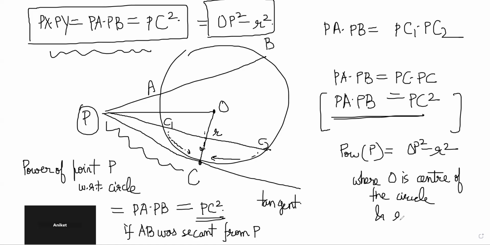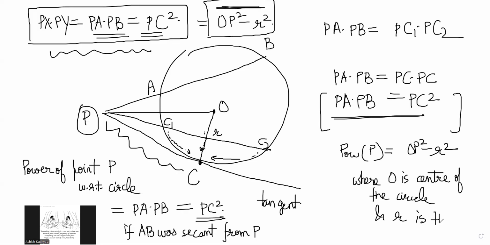Technically, it's the same as PC square, which is the same as PA into PB. We are just writing it in this way because that removes the need for having other points like A, B, C, and all in the definition. We just need the circle and the point to be fixed. Then the power of a point P will be this. Right?